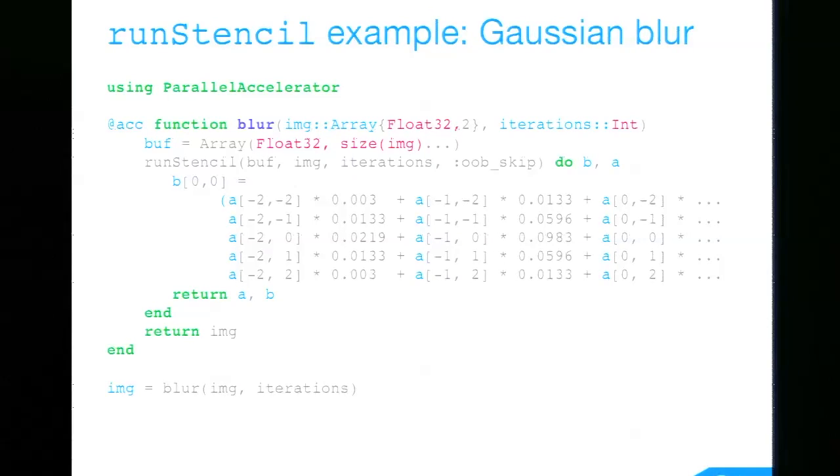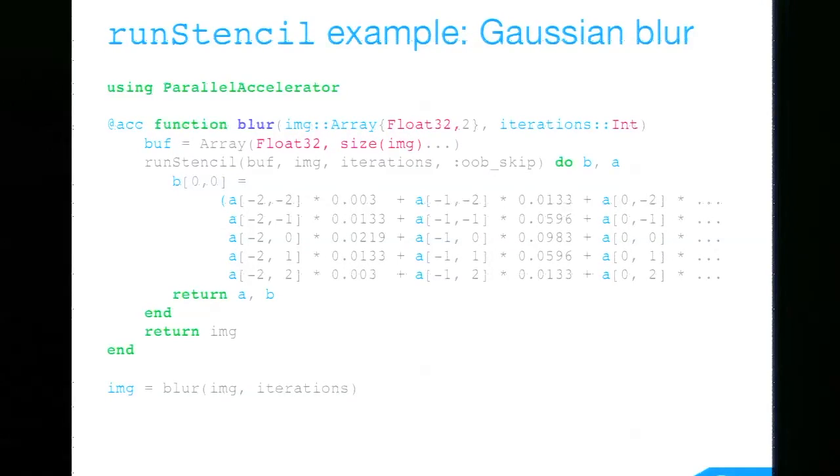And what this code does is it indexes into B, and it says, okay, at index 0, 0, in B, we want to write into that image based on what's at all these different places in A. So that point in the original image plus the pixels that surround it. What's interesting here is that 0, 0 is a relative index, meaning we actually do all this for each point in B. And the indices in the expression on the right side of that assignment are also relative indexes into the array.